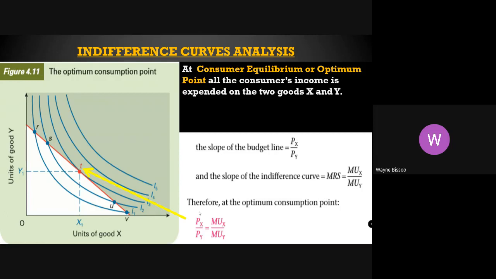The consumer is achieving the highest possible attainable indifference curve that they can get to, and they are expending all of their income on both items, and that's this point here at T, and that represents a combination of Y1 and X1 quantities of goods X and Y. So far so good. Everybody's following that?